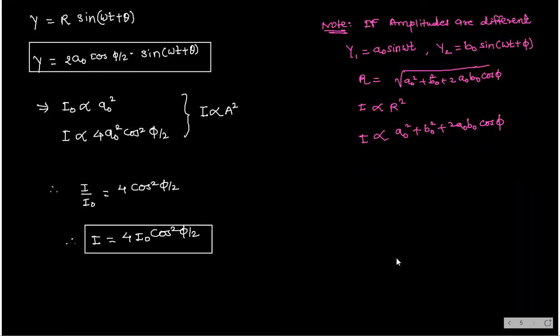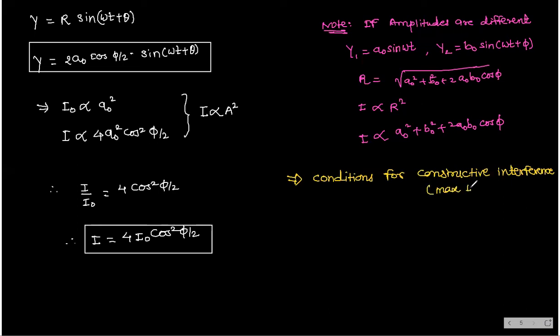Right? Now, conditions from this formula only, whatever we got, I is equal to 4 I naught cos square phi by 2. So from this, conditions for constructive interference, that is maximum intensity.